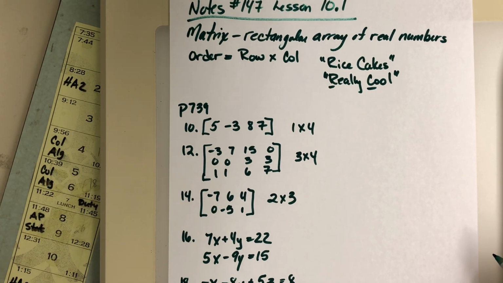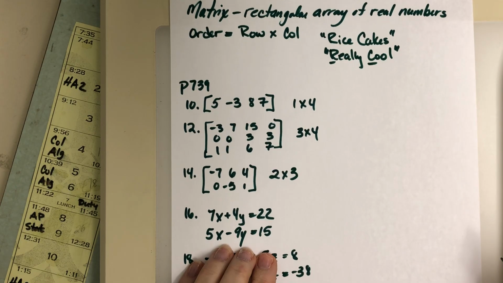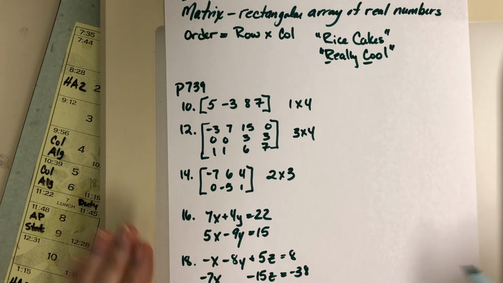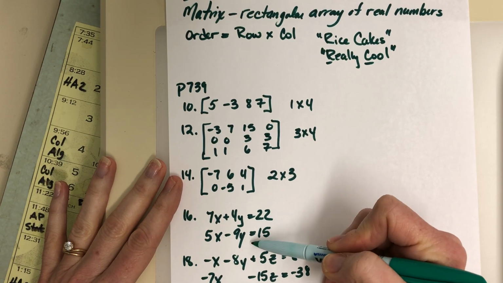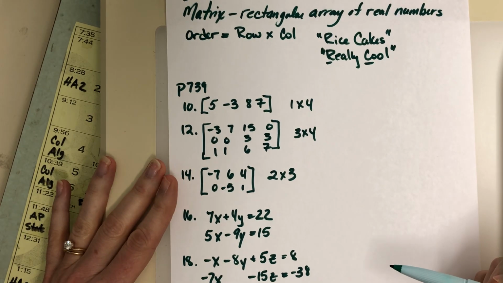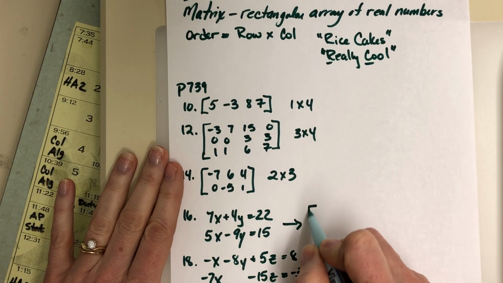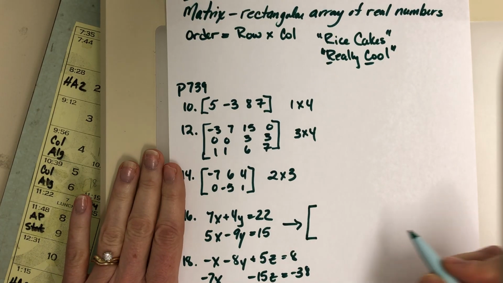So how do you get a matrix? Where does the matrix come from? Look at problem number 16, where I have a system of equations. I notice that my x's are all lined up, my y's are all lined up, my equal signs are lined up, and my constants at the end are lined up. To draw a matrix from that system of equations, I'm going to make a rectangular array. First I look at my coefficients for the x's.